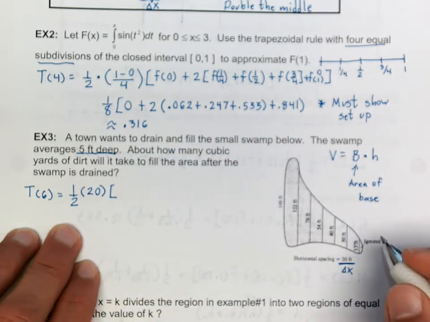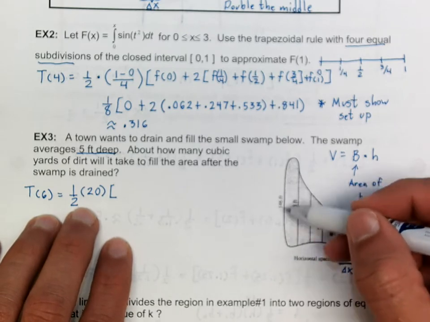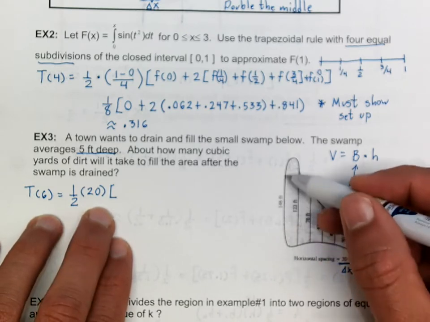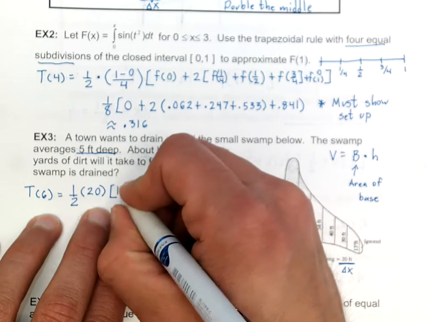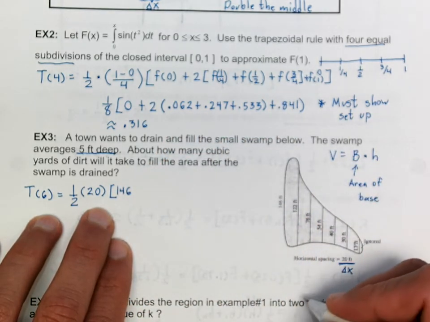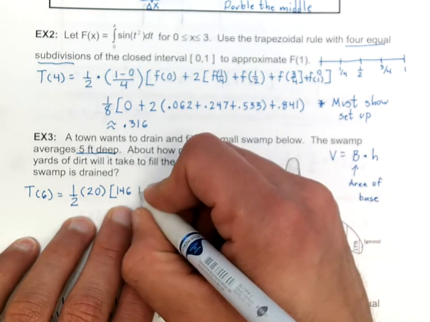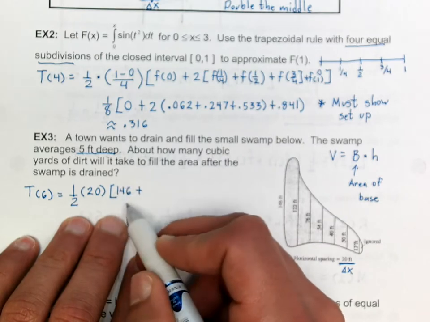And on this one, I don't really have to write f of anything because they've actually given me the height. It's kind of hard to see on my paper, but you should be able to see it on your paper. This is 146. Because I'm using the trapezoidal rule to find this, I'm going to use this formula. Therefore, the first term does not have a 2.